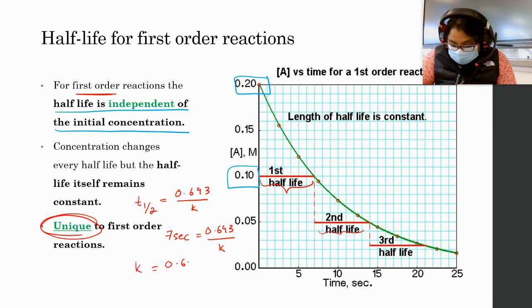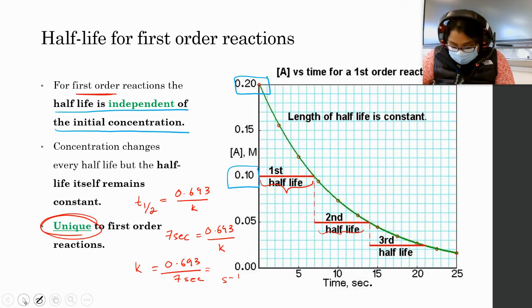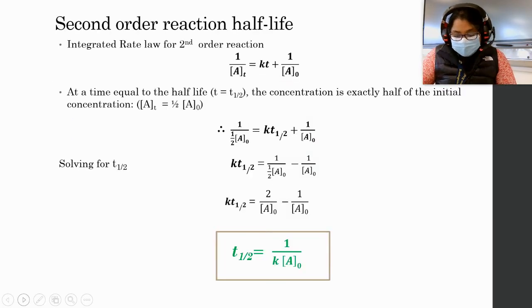It's just going to be 0.693 over 7 seconds, and that'll give you the rate constant with units of seconds to the negative 1. Very easy. You can use the half-life equation to calculate the rate constant for the reaction. Now, you don't even need concentration for it because it is independent of concentration.